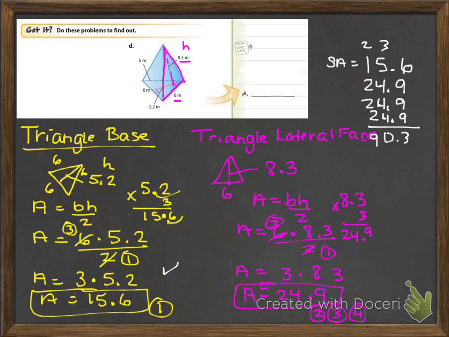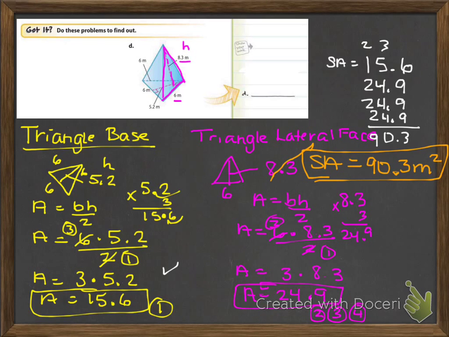When we add them all up, our final surface area is 90.3, and then it's meters squared. Don't forget it's meters squared, not meters cubed, or just meters. So it's 90.3 meters squared. Hopefully you have checked your work here and made sure that everything looks like this. If your work was different or you got the answer wrong, make sure your work looks just like this and that you correct it.